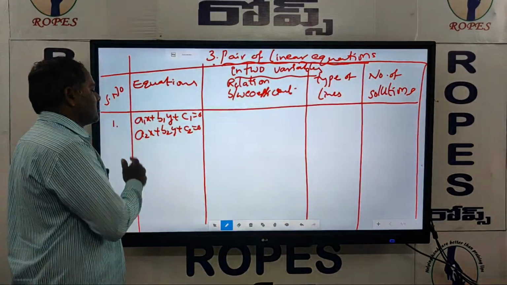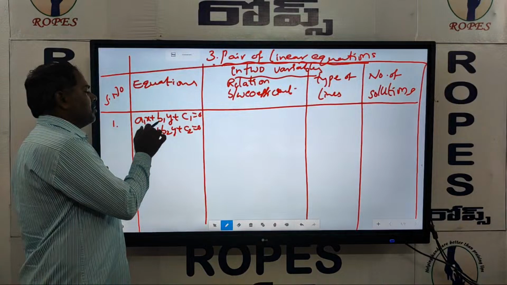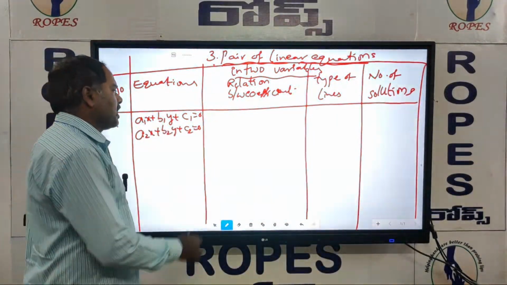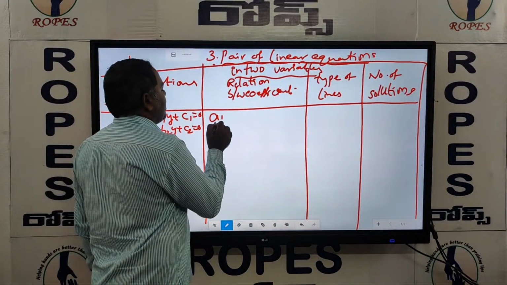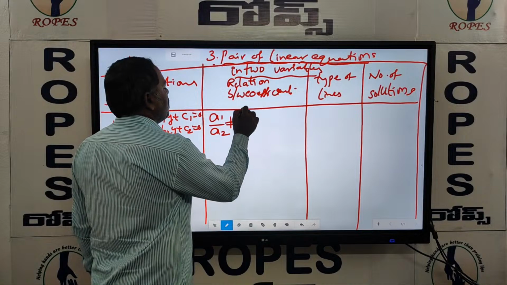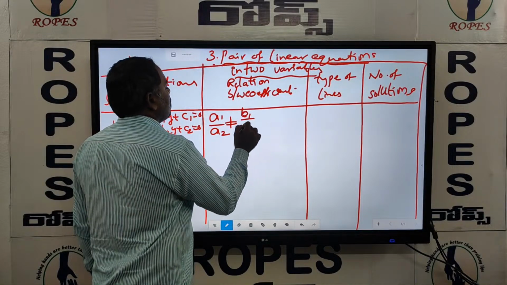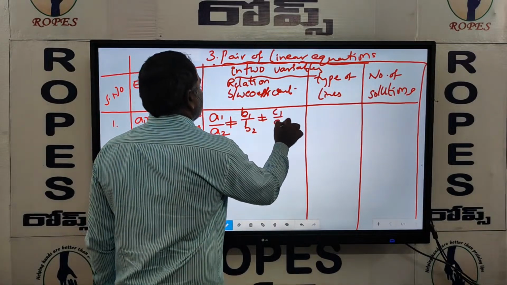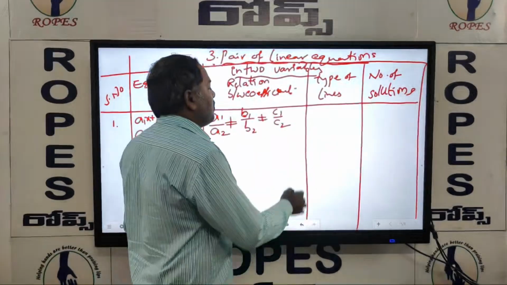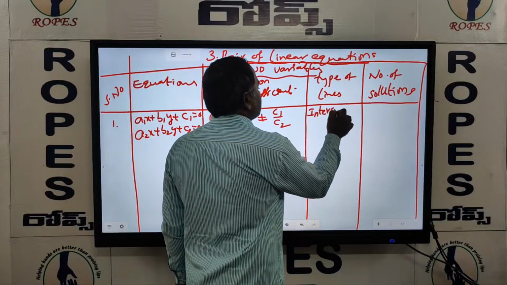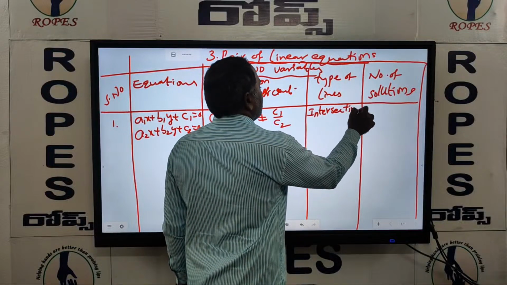So here a1, b1, c1 and a2, b2, c2 are the coefficients. Now the relation: if a1 by a2 is not equal to b1 by b2 is not equal to c1 by c2, then the type of lines are intersecting lines.